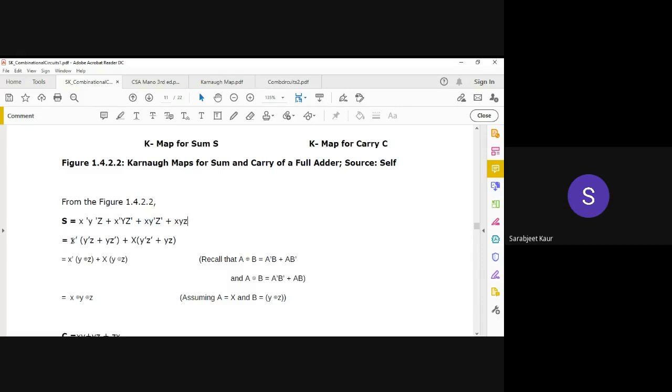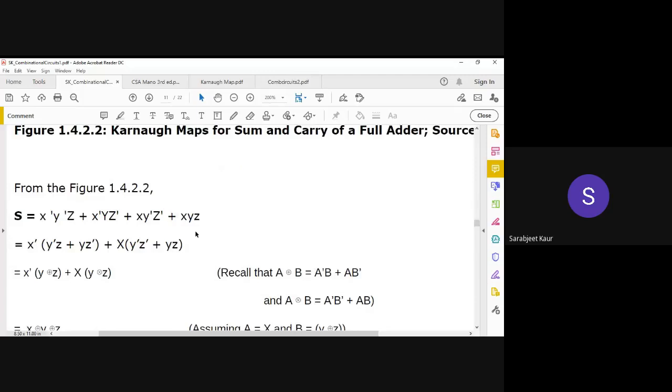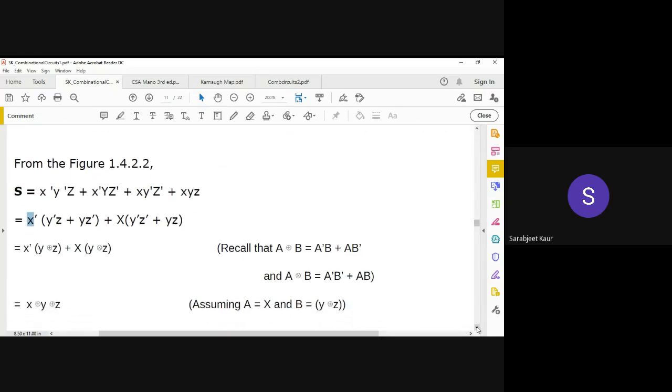Now, when I observe this expression, what do I see? Please look here closely. Let us take A equal to x, and B equal to y XOR z.